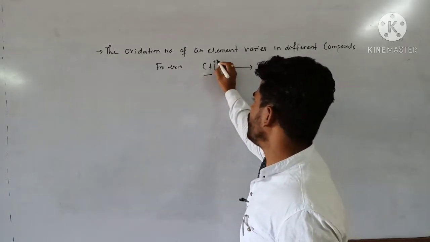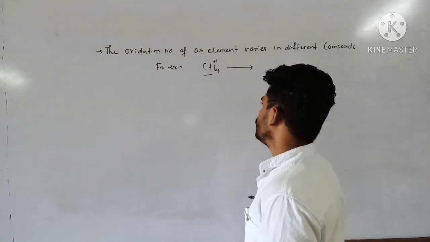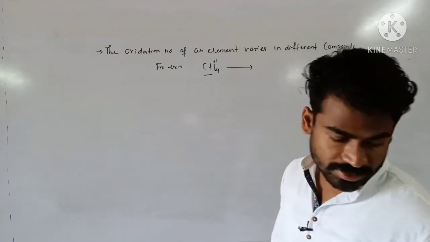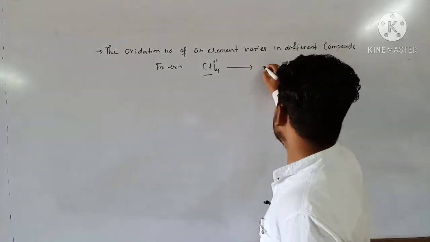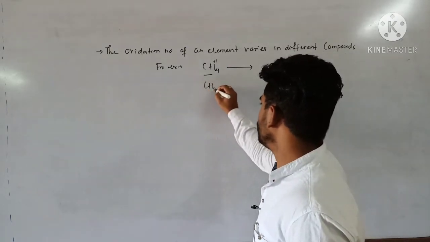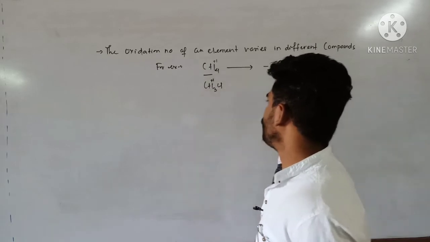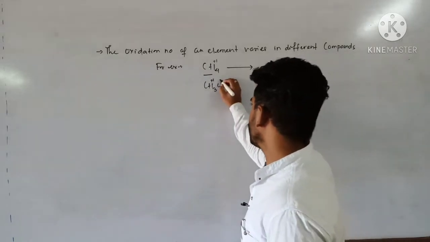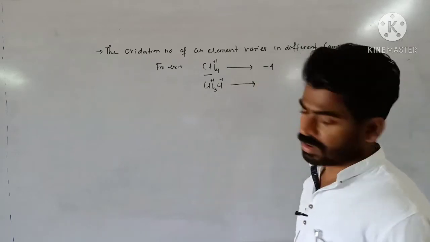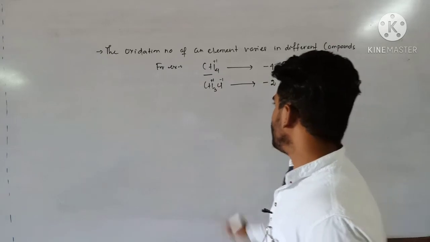If you consider the oxidation number of hydrogen +1, then carbon has an oxidation state of -4. Clear? So CH3Cl, let's say. If you consider the oxidation number of hydrogen +1 and chlorine -1, then the oxidation number of carbon will be -2.